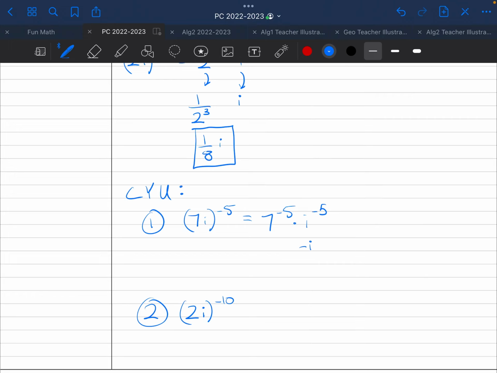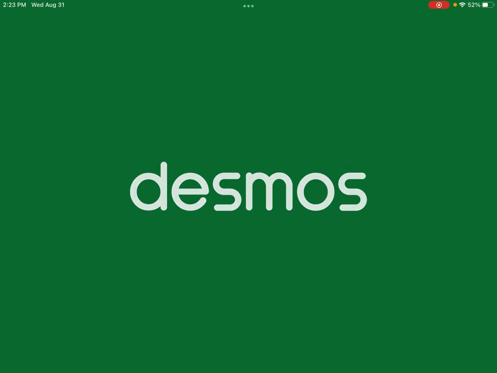And then I have 7 to the power of -5 is really the reciprocal, 1 over 7, and now instead of a -5, a +5. All right, and 7 to the power of 5 is a gigantic number that I have not memorized. I am going to use a calculator. So what is 7 to the power of 5?